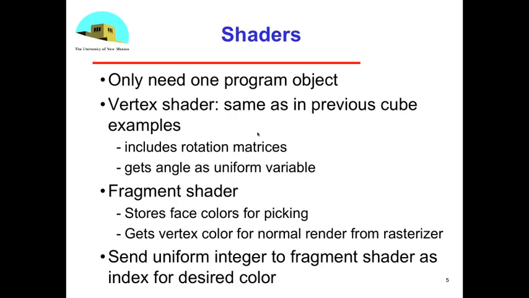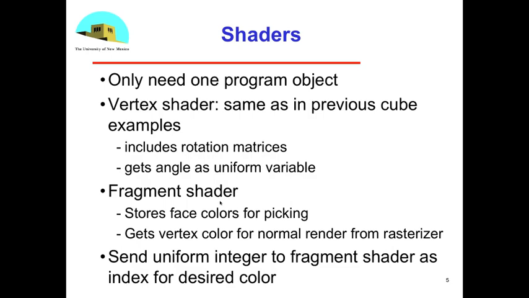Okay, so in this example, I can get away with a single program object because all I'm doing is using colors. There's no texture mapping or anything else. Since in both cases I'm rendering the same cube, the vertex shader is the same as we've been using, and it's the same for both the off-screen and the on-screen rendering.